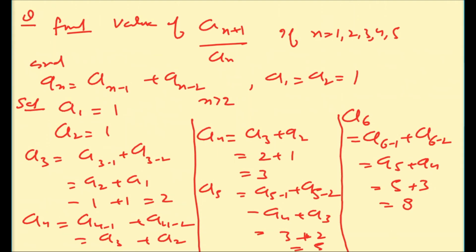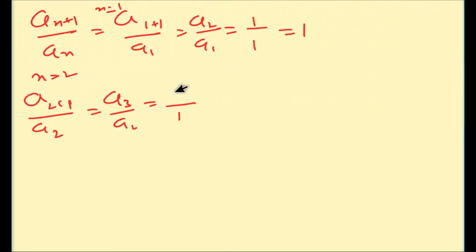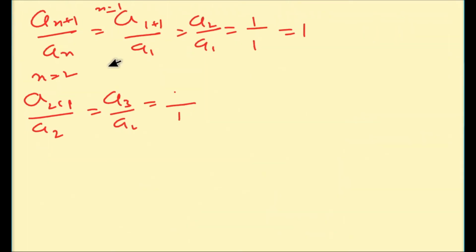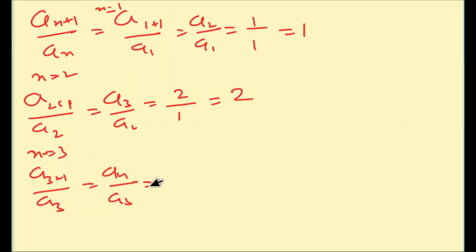So a3 is 2, and we are getting 2 here. Now for n equal to 3, we write a4 upon a3. a3 is 2 and a4 is 3.